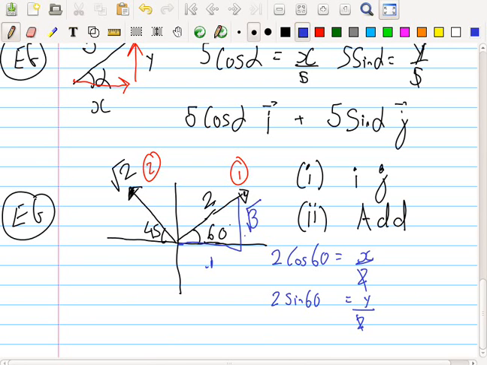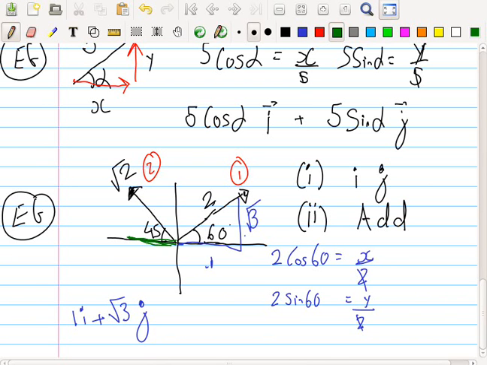Yeah, it has to be because from Pythagoras, 1 plus 3 should equal 4. So we have the i and the j part for the first one. It's going to be 1i plus root 3j.